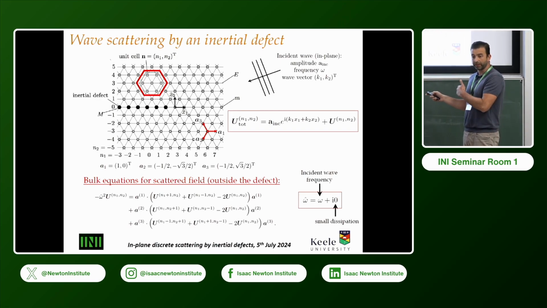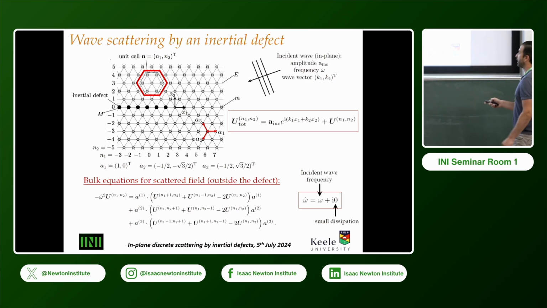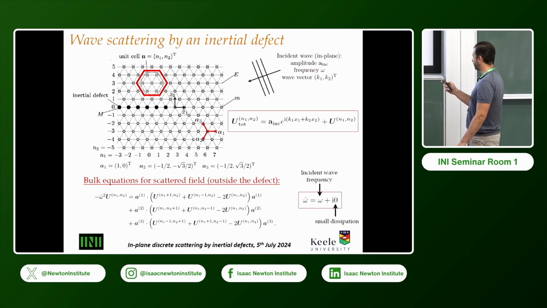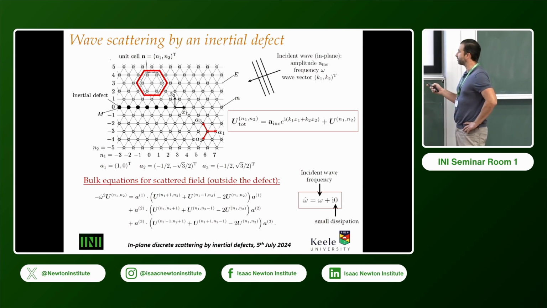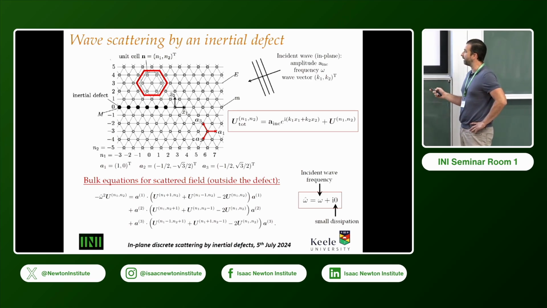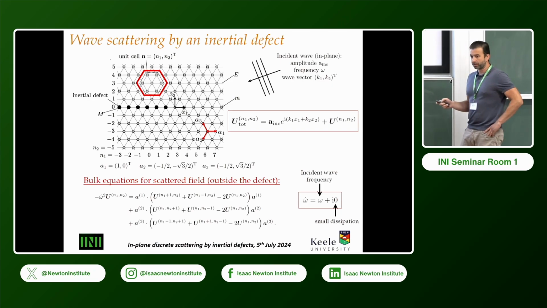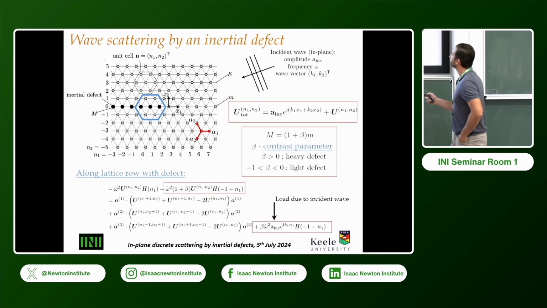So this, you'll see in the next slide, gives us a contrast parameter, which allows us to see how this affects the scattering process. Oh yeah, final thing, and this was spoken about quite a bit during the week and earlier this morning by Sasha: this is omega hat, there's some small dissipation added onto the incident wave frequency, and this allows us to build a physically acceptable solution to the problem. Okay, and more about that later.